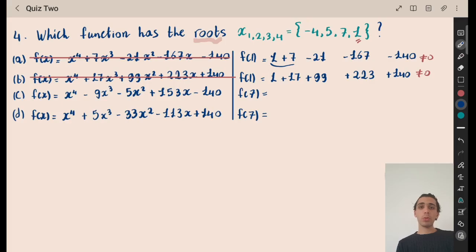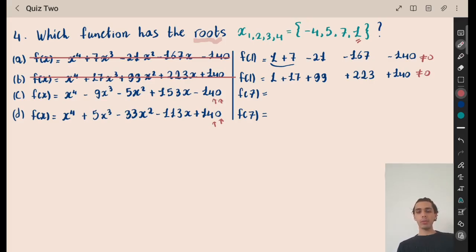Usually, if you want to compute stuff, you choose the smallest absolute value, because it's easier to compute, let's say, 4 to the 4th than 7 to the 4th. But in this case, if you do this, it turns out that -4 is a root for this function and that function. 5 is also a root for this function and that function.